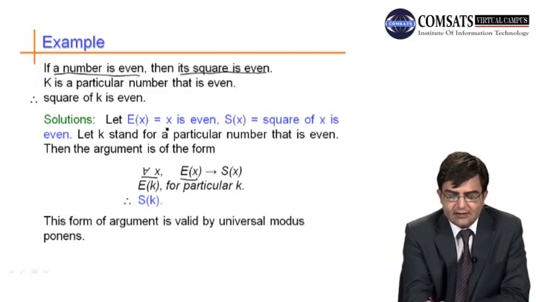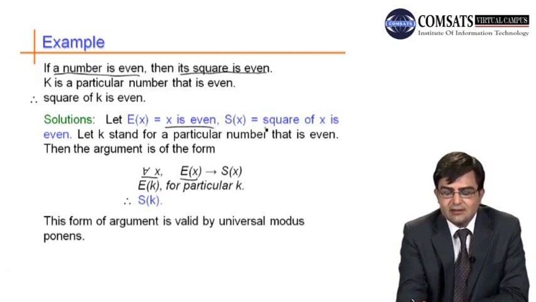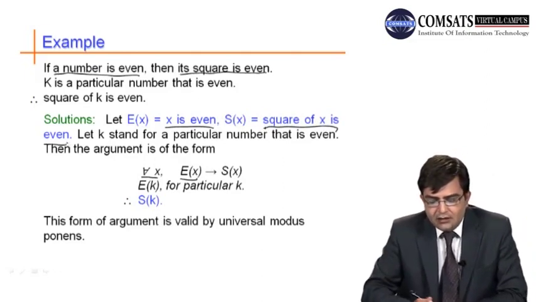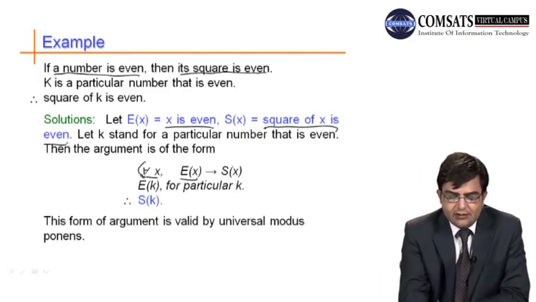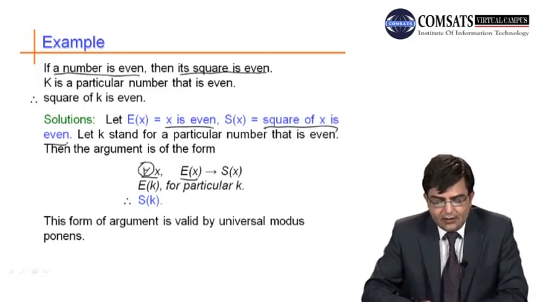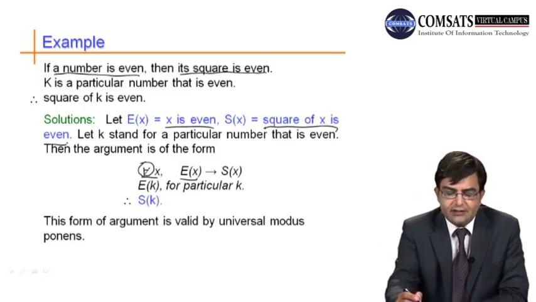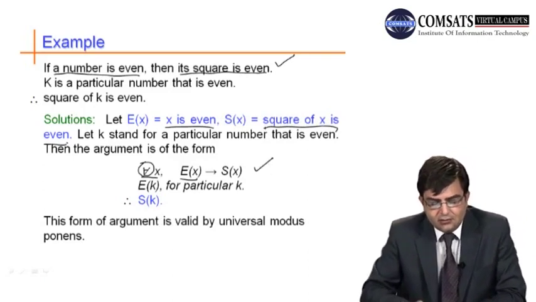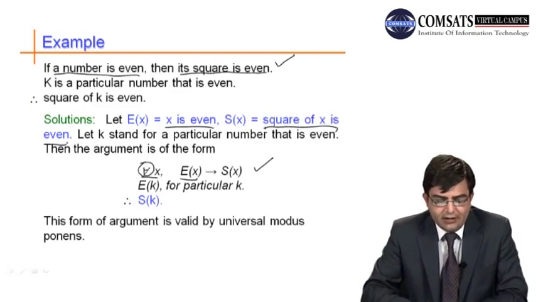What is e of x? x is even, and s of x is the square of x is even. We have translated the first statement into this. This is equivalent to saying that if any number is even, then its square will also be even.